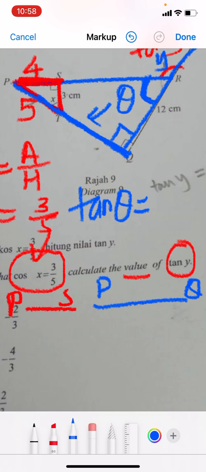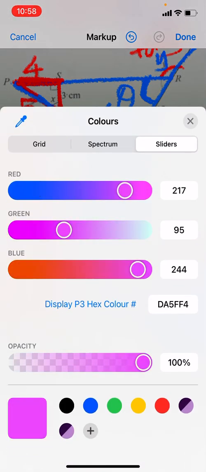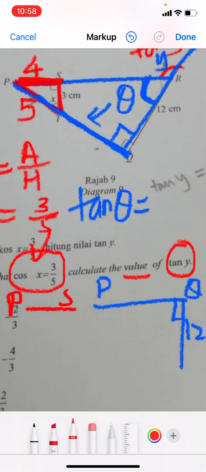But then we were given this length, which is 12, as you can see, if you compare to this length, which is given as 3, right? So obviously you can relate them by size, right? This is actually 4 times 4.